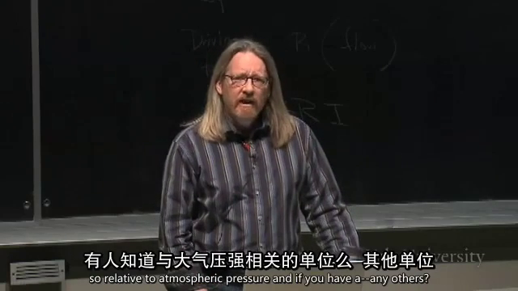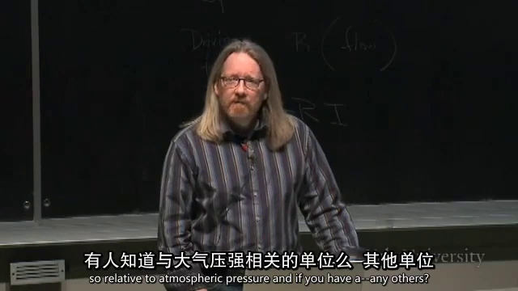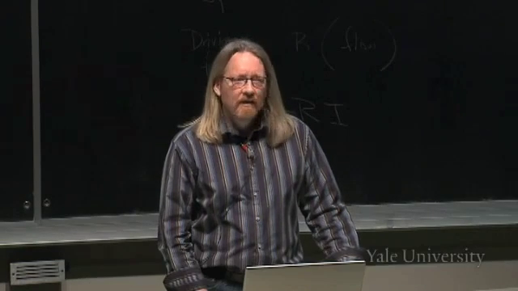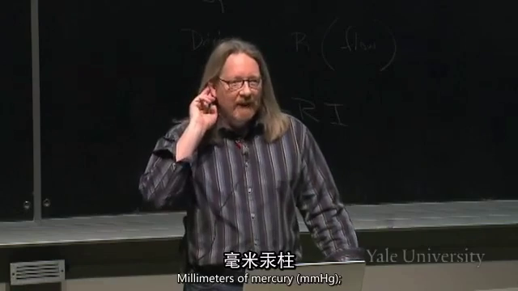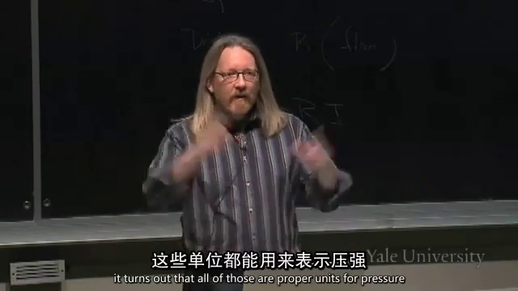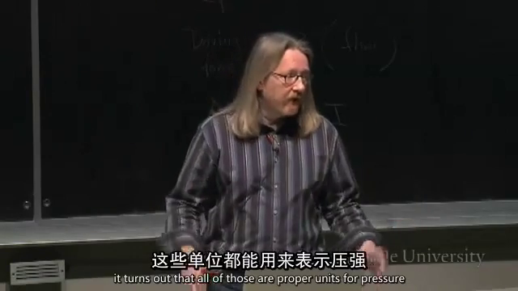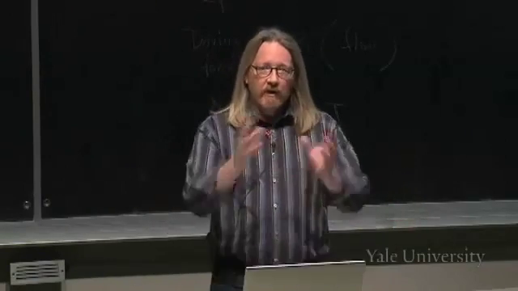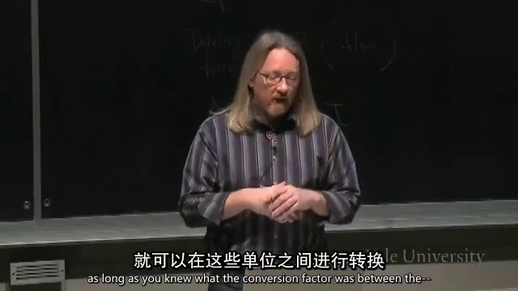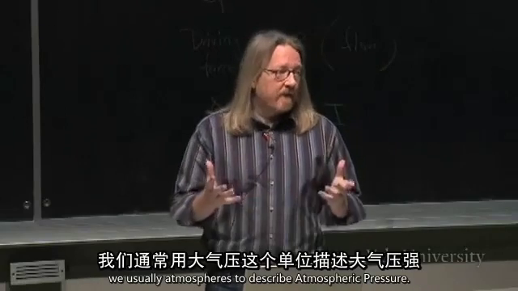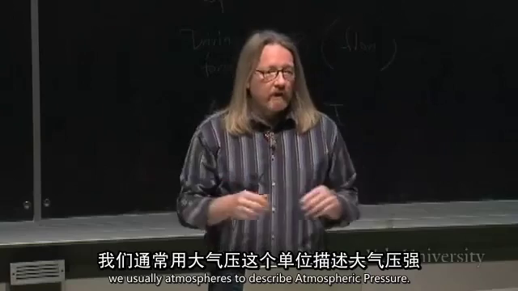And if you have any others? Millimeters of mercury. It turns out that all of those are proper units for pressure, and you could convert from one to another as long as you knew the conversion factor between them. We usually use atmospheres to describe atmospheric pressure.